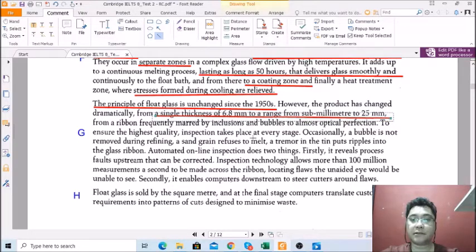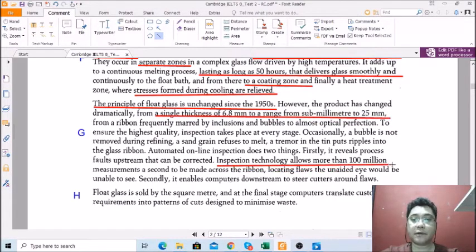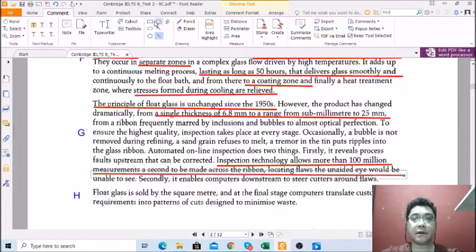Then we'll be able to see how they try to take away the flaws by having automatic inspection technology in here, more than 100 million measurements a second to be made across the ribbon. And here we have an interesting statement, unaided eye. Okay, so that's the human eye that cannot really do the job, and therefore we need a machine to do it.